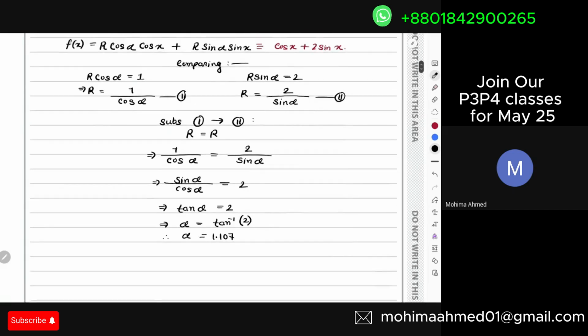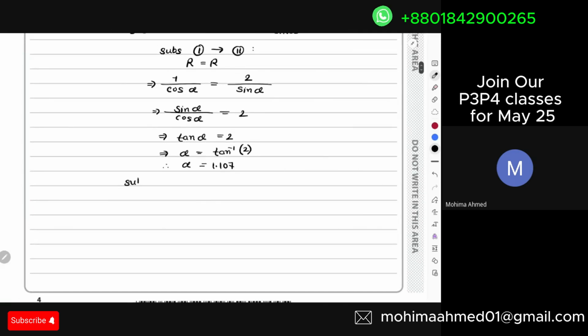Then we're going to substitute this into any one of the equations. If I substitute alpha into equation 1, we get r equals 1 divided by cos 1.107, which gives 2.2361.